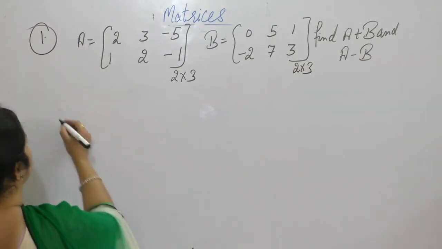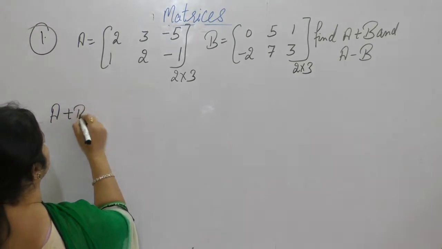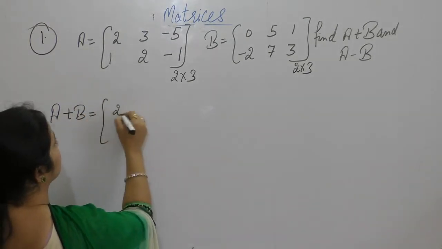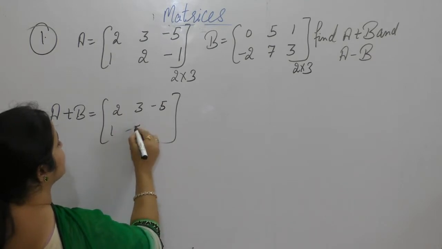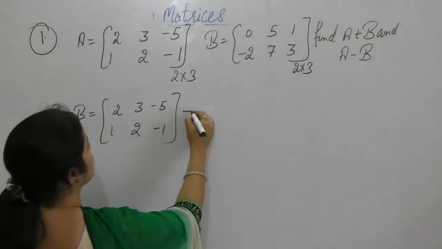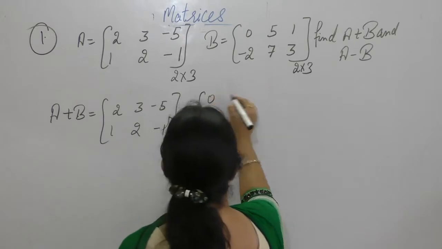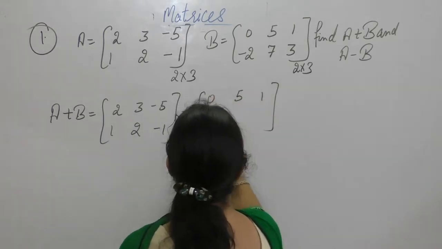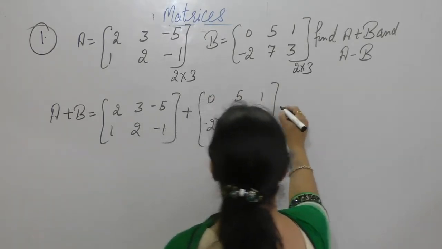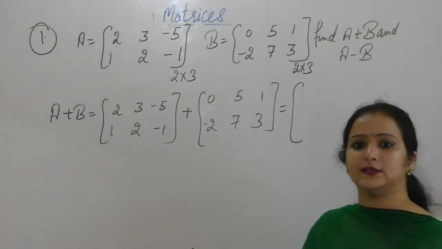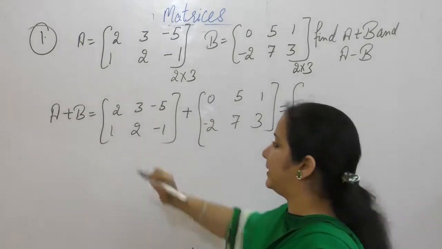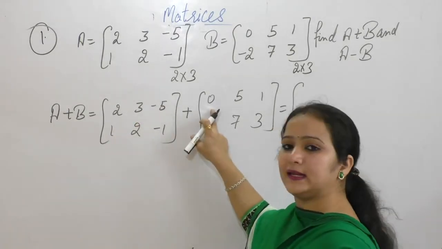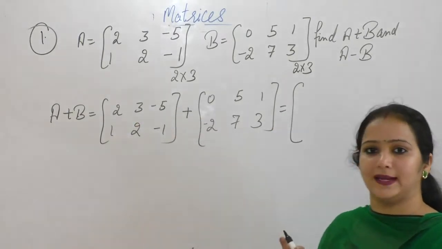Now we want to find A plus B. This is A matrix, elements of A matrix plus elements of B matrix. So what is the procedure of adding two matrices? The element of the first matrix and the same element of the second matrix will be added.